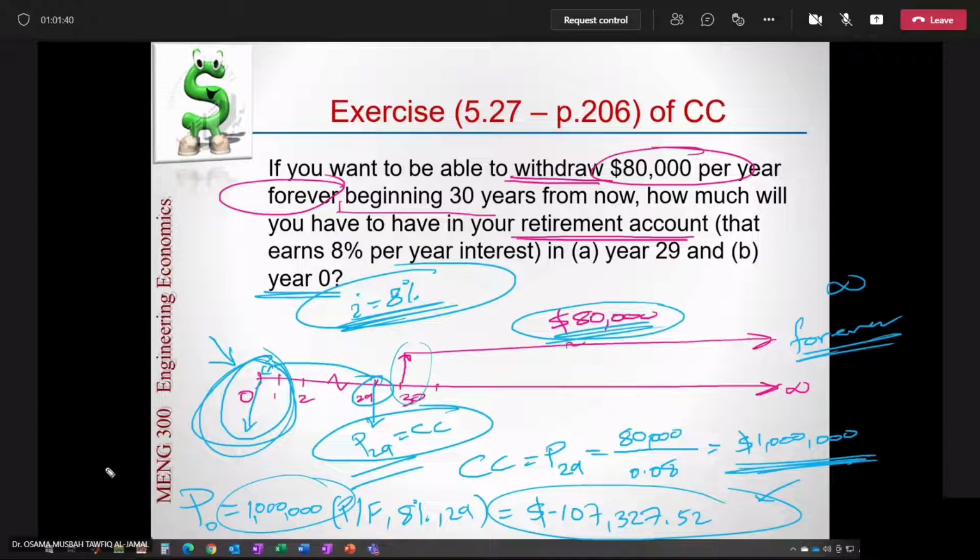You can withdraw that 1 million directly, or keep it in the bank and withdraw $80,000 per year forever. Nobody will tell you to withdraw for only 10 or 20 years, or that you can withdraw for 100 or 200 years. That pays that interest.